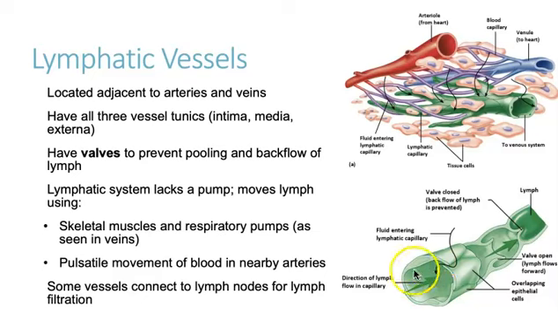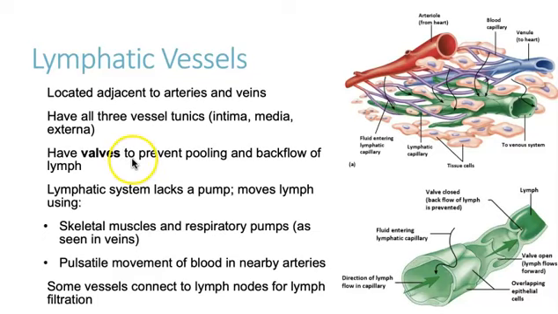So the most internal layer is called our tunica intima. Then we have a tunica media and a tunica externa. And they have valves to prevent pooling and backflow of the lymph, which is very similar to the structure of our veins, because we know that they have valves to make sure that the blood flows back to the heart.